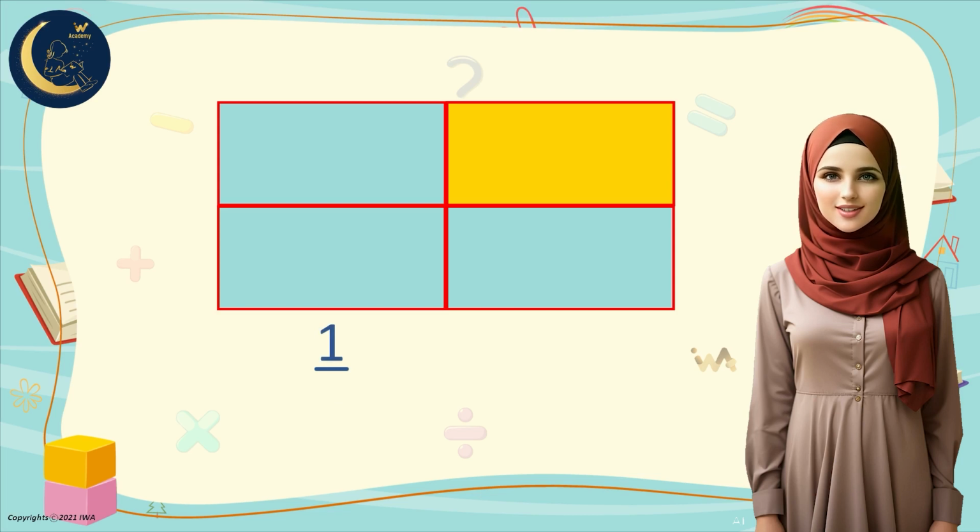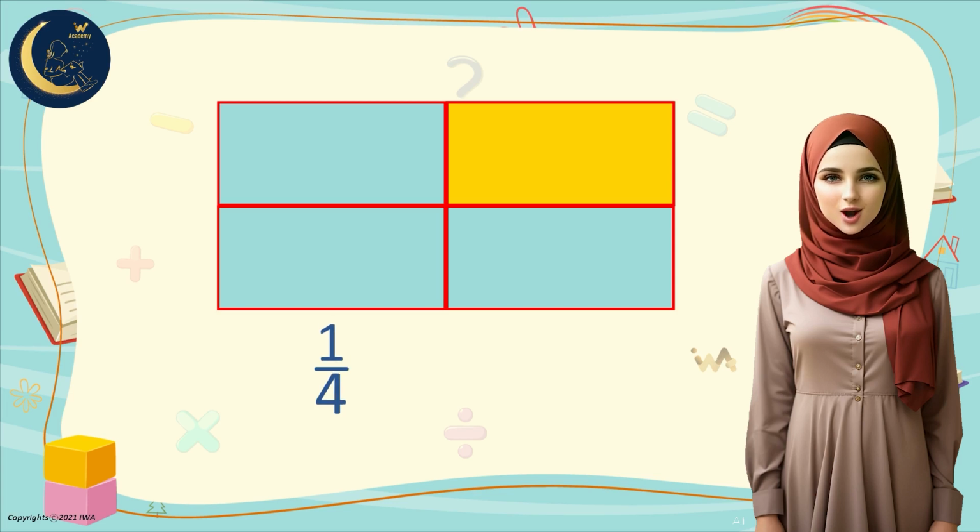You are wonderful. So we write here 1. Now we will move to the denominator. What do we write in the denominator? The number of all parts. Excellent. How many parts do we have here? 4. You are great. So we will write here 4.